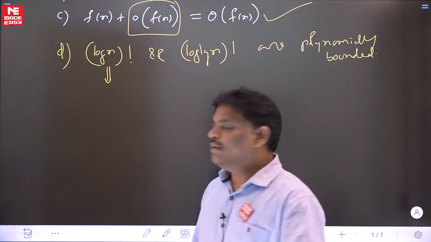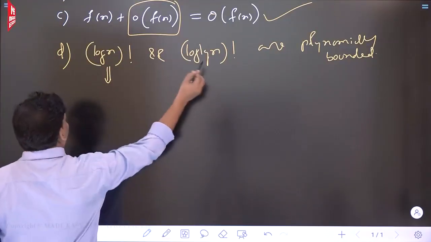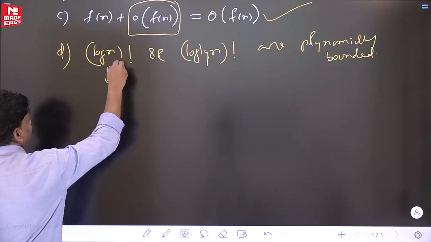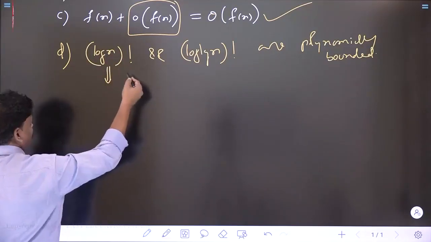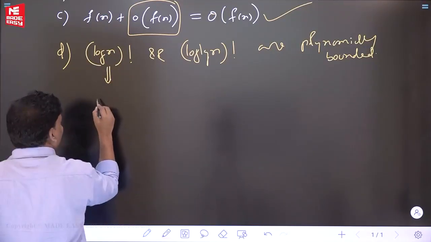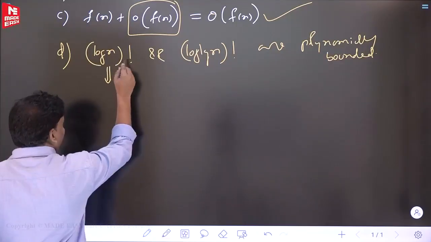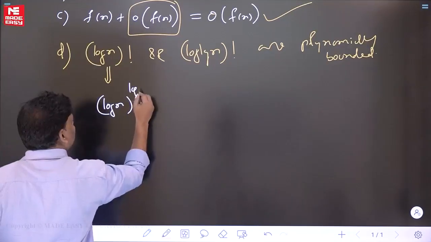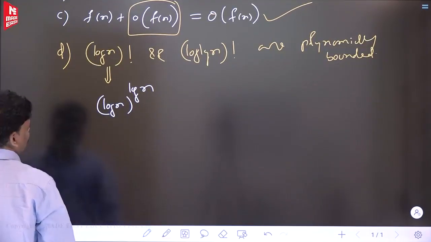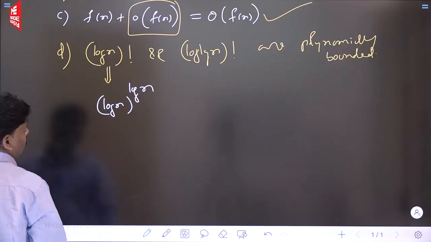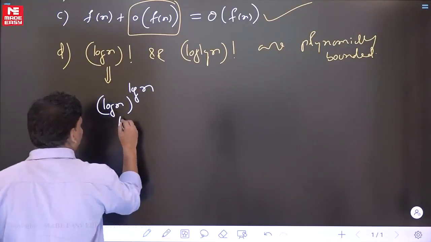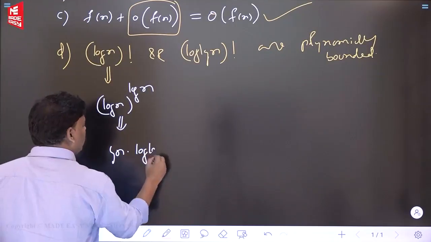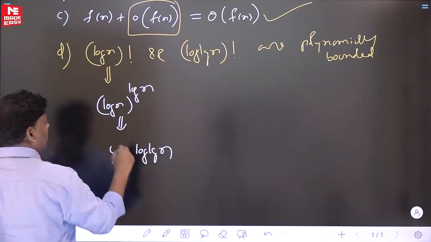For more clarity, let me explain here. Log n factorial is an expression. To verify whether it is polynomially bounded, what is the closest upper bound? Log n whole power log n is the closest upper bound. Apply log here: log n into log n.